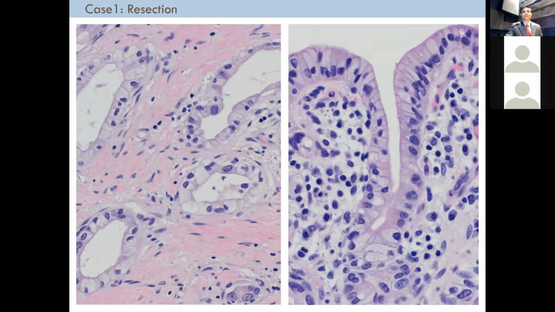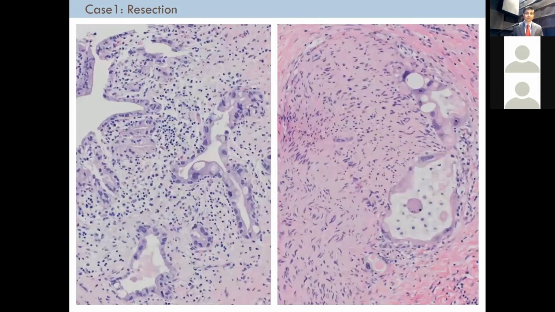Similar type of cells were also seen lining some of the ducts. Also present within the same resection specimen were areas that were frankly malignant. As you can see over here, these are very atypical glands lined by cells with marked nuclear atypia. Also, over here, you can see a gland that's showing perineural invasion.